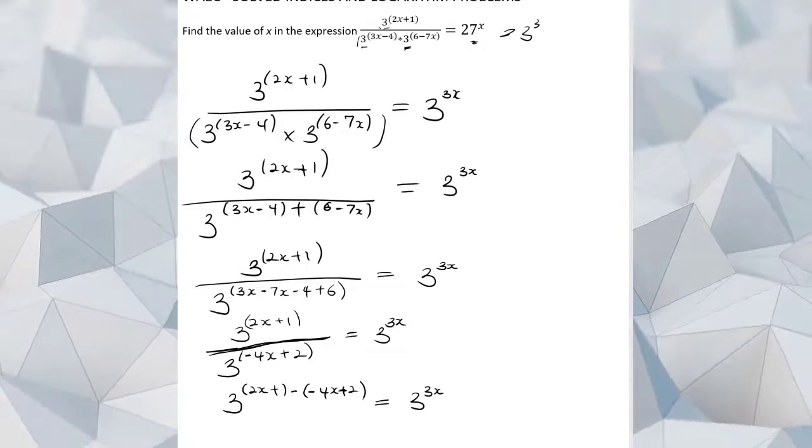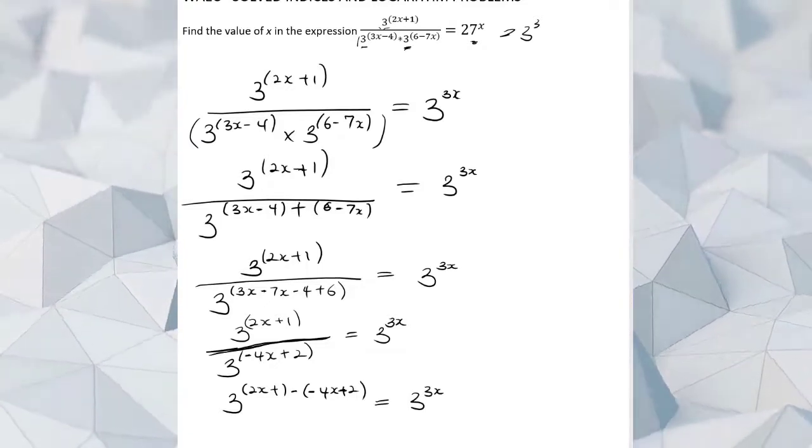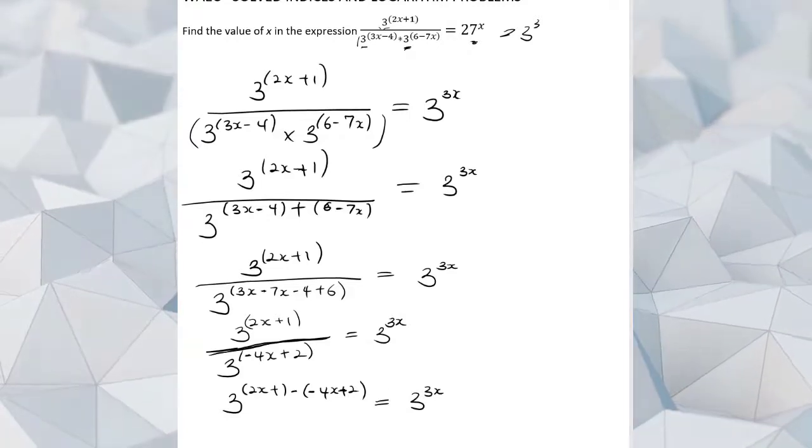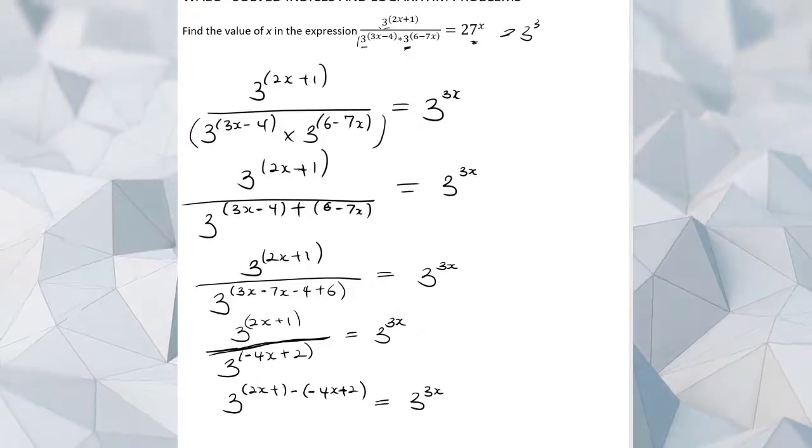Now, if I use this minus to multiply this bracket, minus times minus 4x is going to give me plus 4x, and minus times plus 2 is going to give me minus 2.